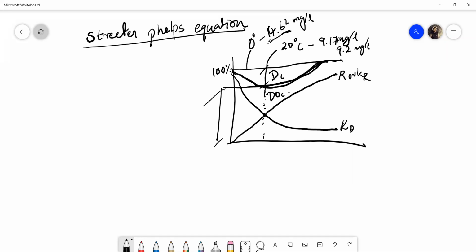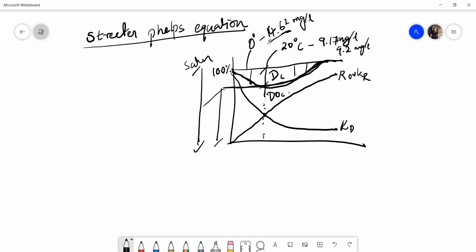So you should know the difference between oxygen deficit and dissolved oxygen. They are not the same. What is dissolved oxygen? What is oxygen deficit? Oxygen deficit is a difference between two dissolved oxygens. That is saturation dissolved oxygen, and whatever the DO is at the point that you're finding out.